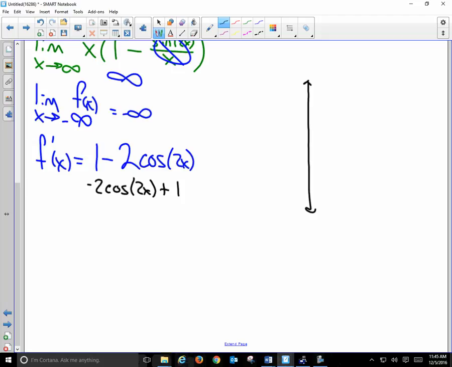This is negative 2 cosine of 2x plus 1, right? So it's going to be shifted up 1 unit.